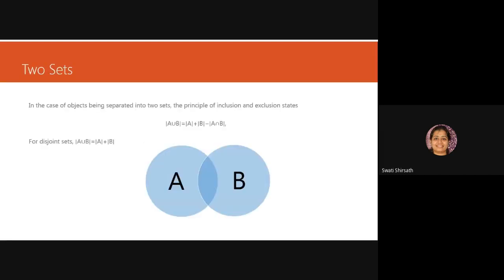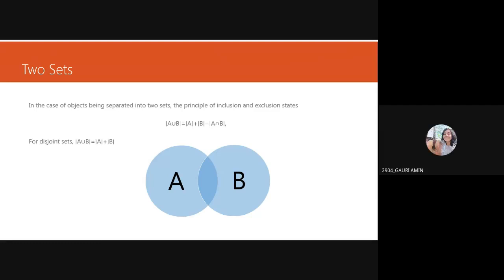For two sets, the principle of inclusion works like this: cardinality of A union B is cardinality of A plus cardinality of B minus cardinality of A intersection B. Do you agree with this?